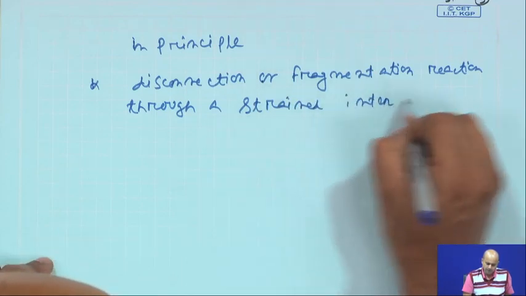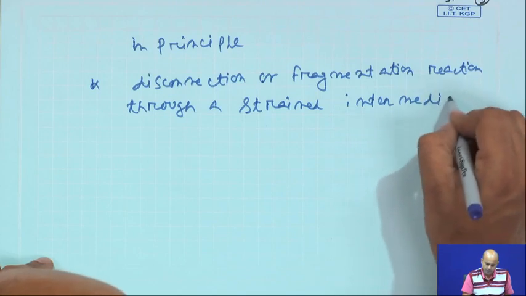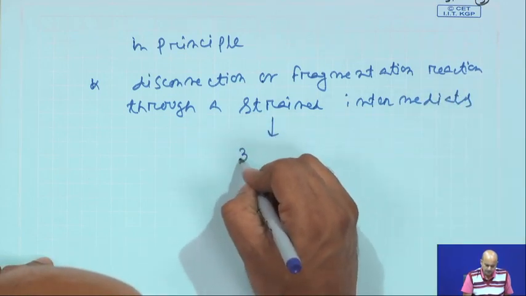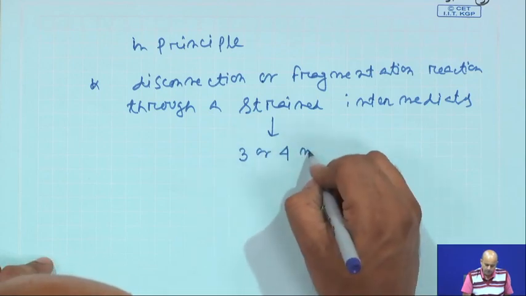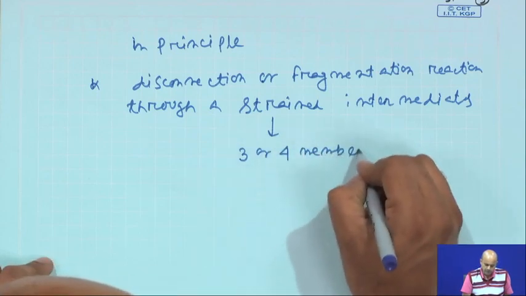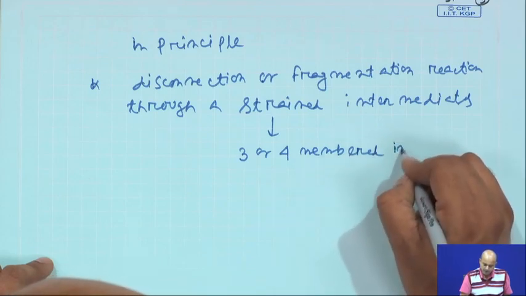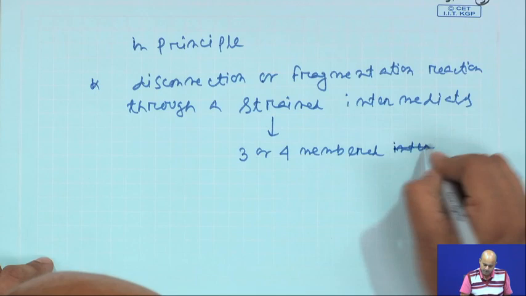In usual cases, the overbred intermediates are normally 3-membered or 4-membered intermediates. 3- or 4-membered rings are usually regarded as strained intermediates.